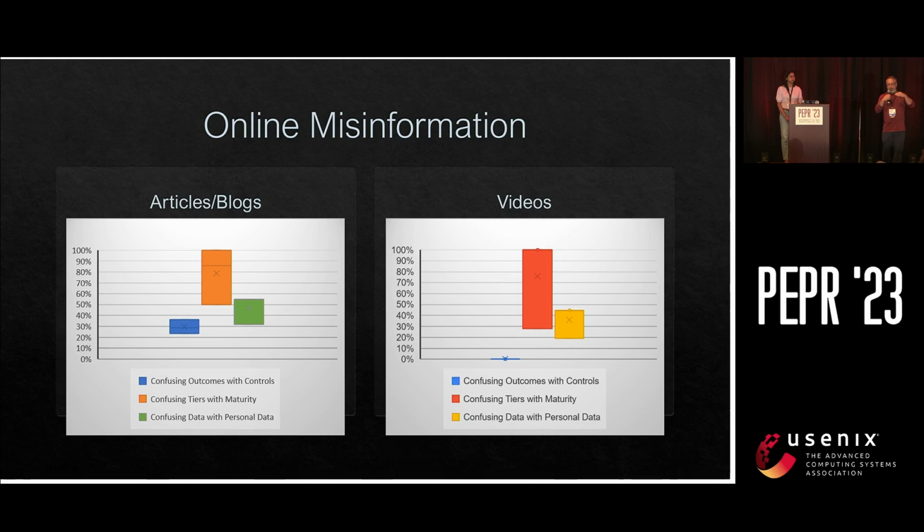That doesn't mean that the author didn't or did understand it. And then slightly less than 50% of articles and videos confused data and personal data. We didn't measure the privacy risk one because there really wasn't enough information there to interpret whether the writers or speakers were misinterpreting those things.